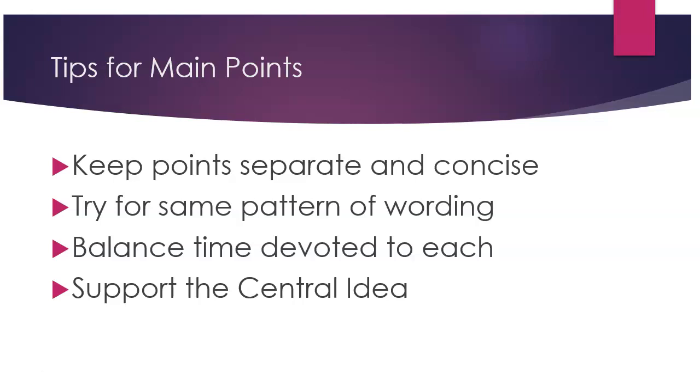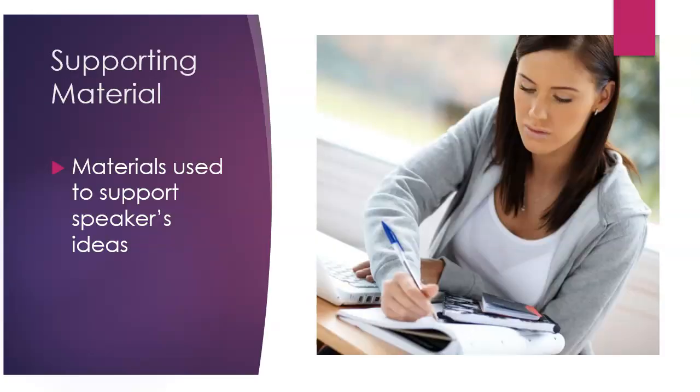That's something that you'll need to figure out. And again, the main points and all of the supporting material throughout should always go back and support your central idea. So I just talked about supporting material, which we're going to get into more details as we move on into the upcoming chapters. All supporting material is anything that helps prove your point or support your idea.